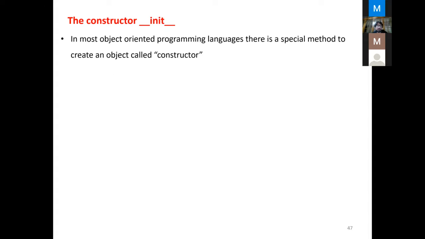In general, now I'll go through the init. When you do object-oriented programming, there's a specific method called a constructor, which is basically what creates the object itself. This is what you use to create an object inside of your program. In Python, the constructor is defined by this special method: 2 underscores, init, 2 underscores and parentheses.